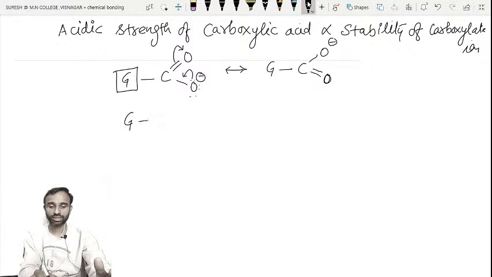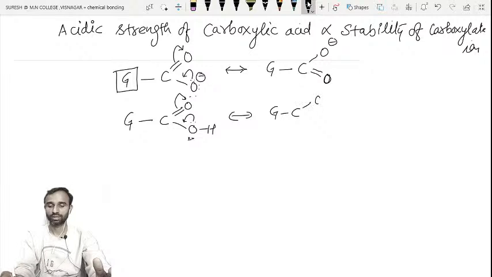In carboxylic acid, there is separation of charges.